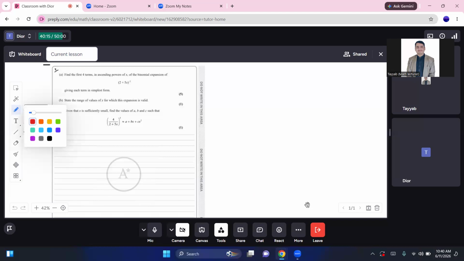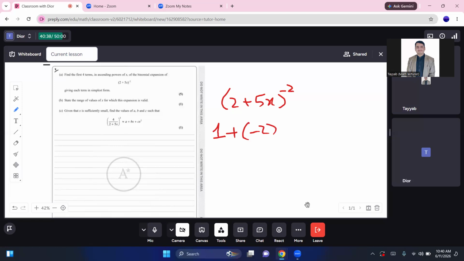2 plus 5x to the power negative 2. So 1 plus nx.